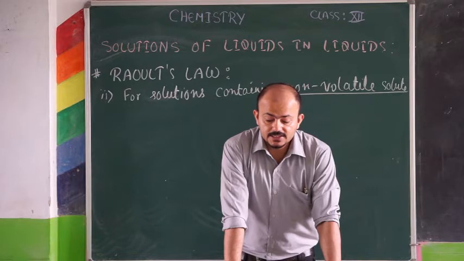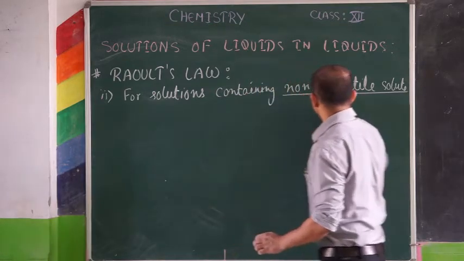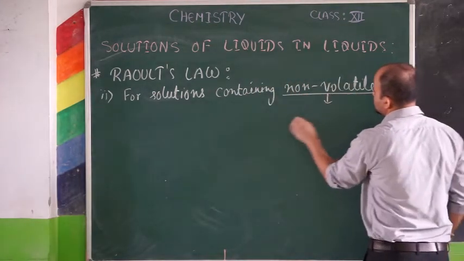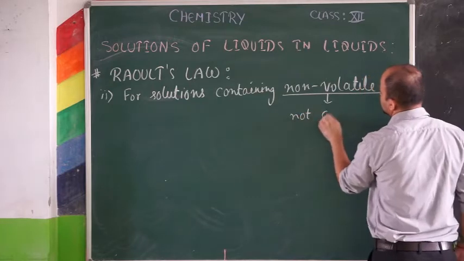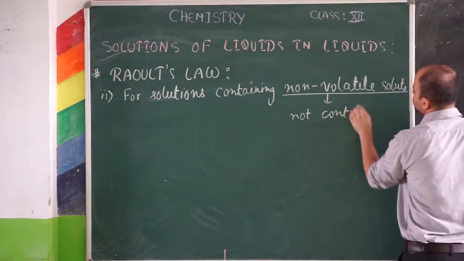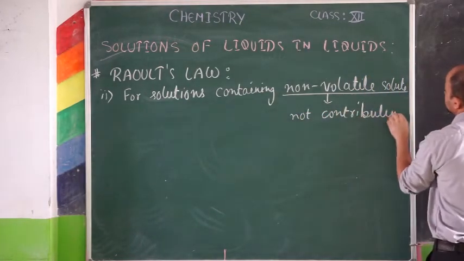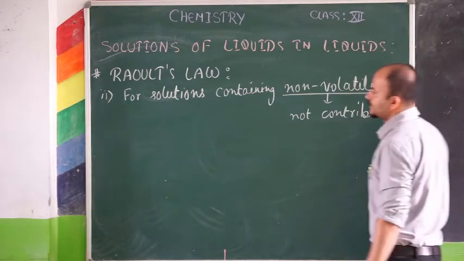Since the solution contains non-volatile solute, there is no contribution of the solute to the total vapor pressure of the solution. Thus, the total vapor pressure of the solution will be equal to the vapor pressure of the solvent in the solution. So, here in this case, since it is non-volatile, it is not contributing to the total vapor pressure.